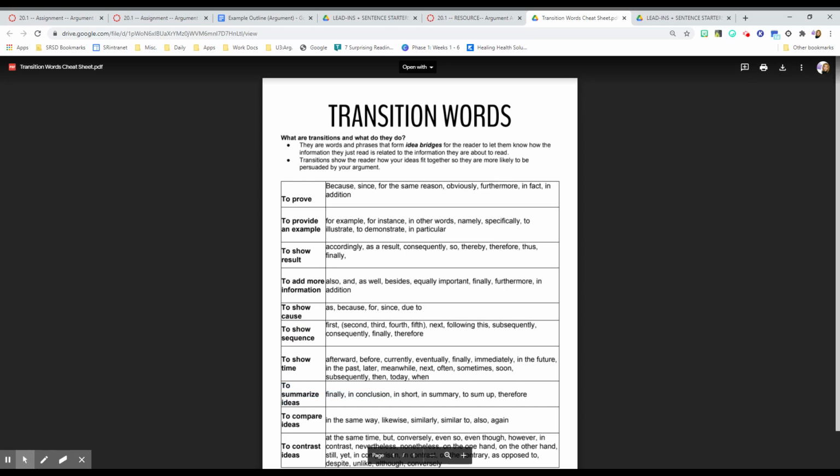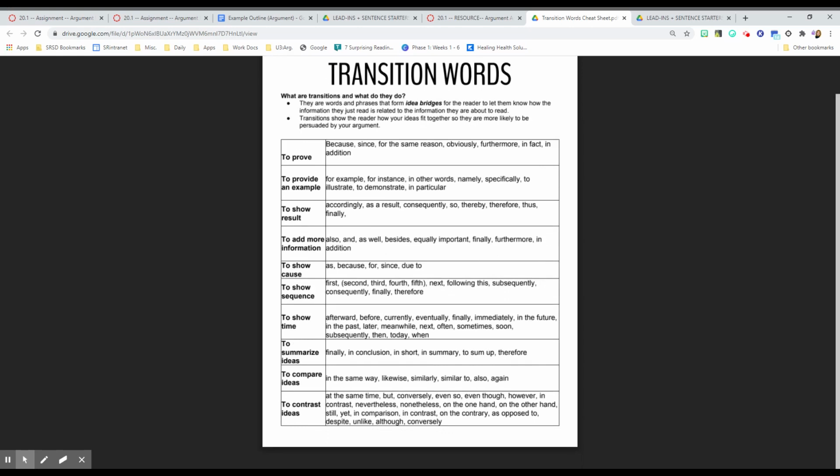So what I'm going to do is look for this section, and I'm just going to skim through these words. I like in addition. You can also put your own spin on it.